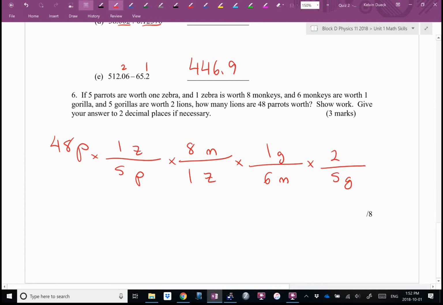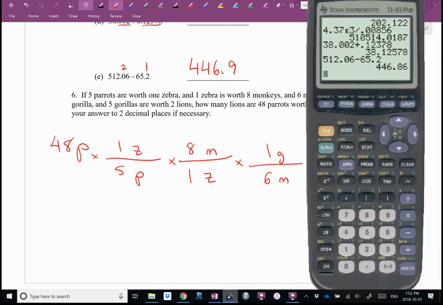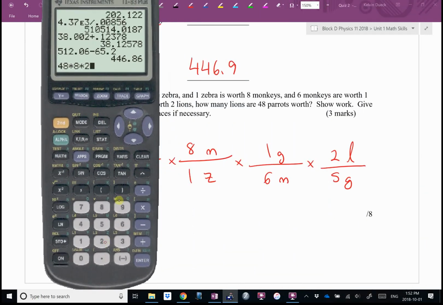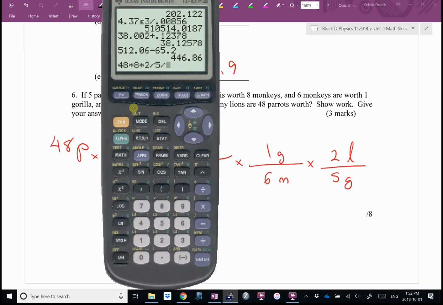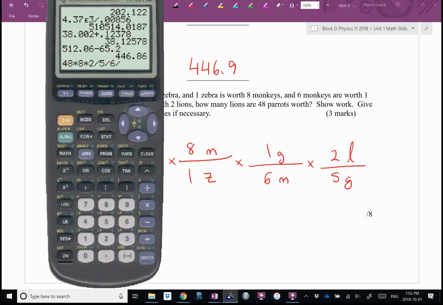You can see if I didn't do that, I would probably type 21 on my calculator because I'm silly that way. So good habits to pick up. Multiply by the top, divide by the bottom. 48 times 8 times 2 divided by 5 divided by 6 divided by 5. Do you get 5.12? Yeah.